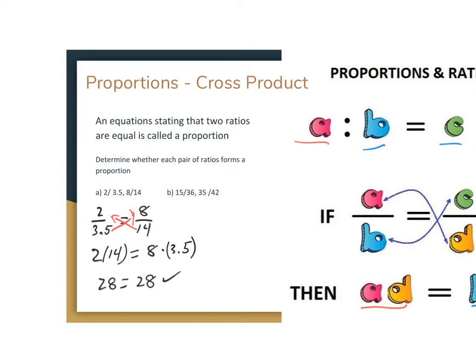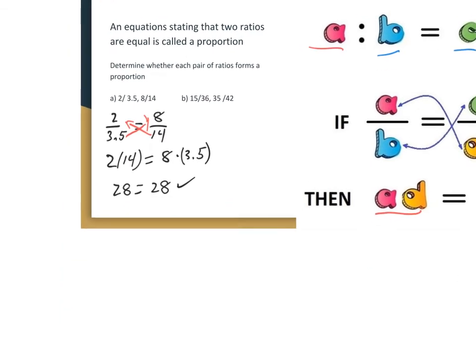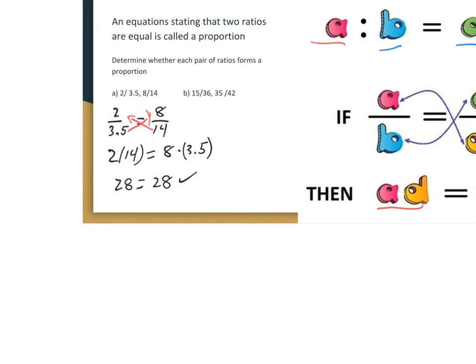Now let's look at B, which states 15 over 36 is equal to 35 over 42. Again, we are going to use our cross product, and we end up with 15 times 42 is equal to 35 times 36.